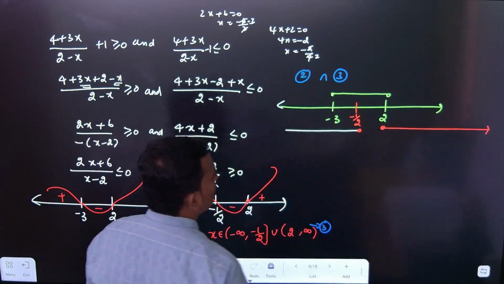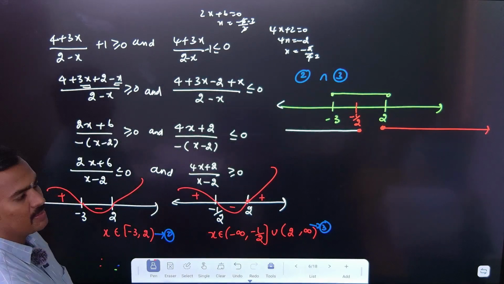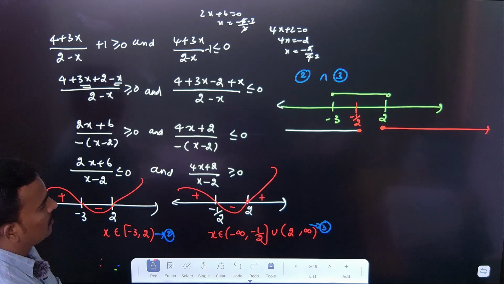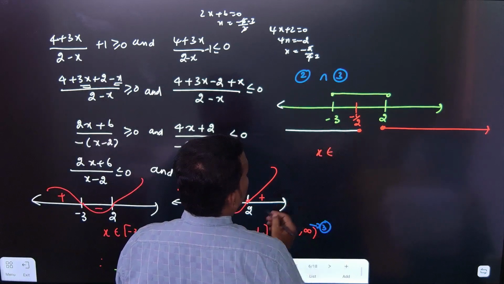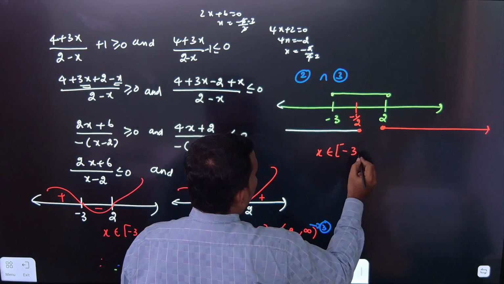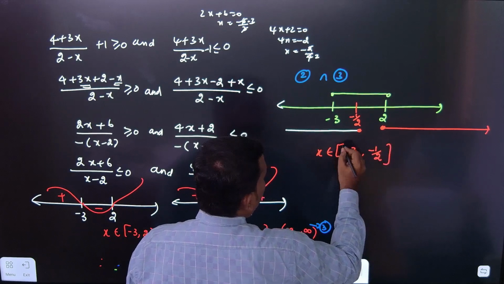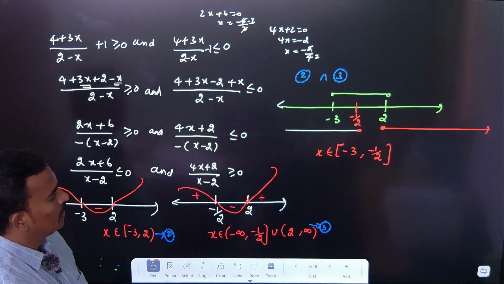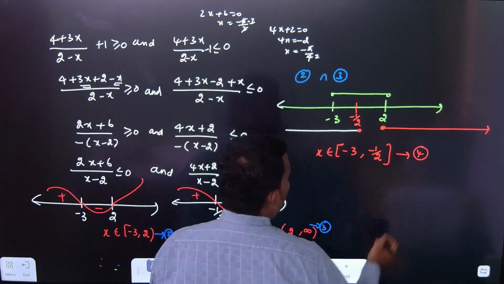So the whole thing which is common here, you can see, student, the whole thing is common. X belongs to minus 3 is included, right? Minus 3 included, minus 3 to minus 1 by 2 also included. This is your common domain of the second and third, right? Let's take, this is your fourth one.